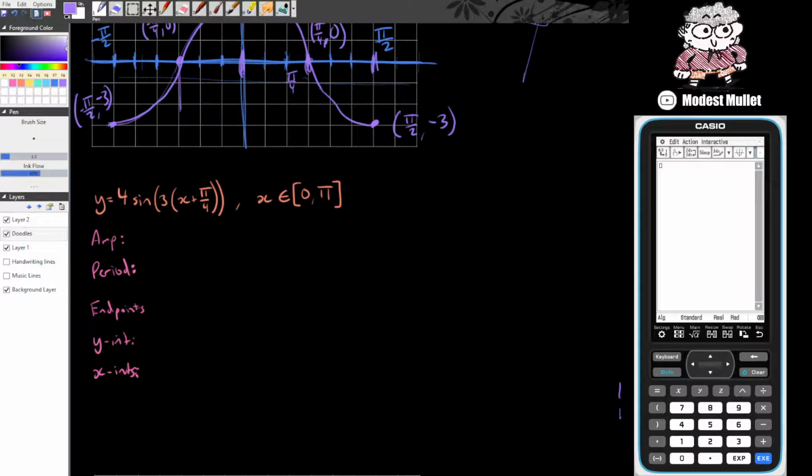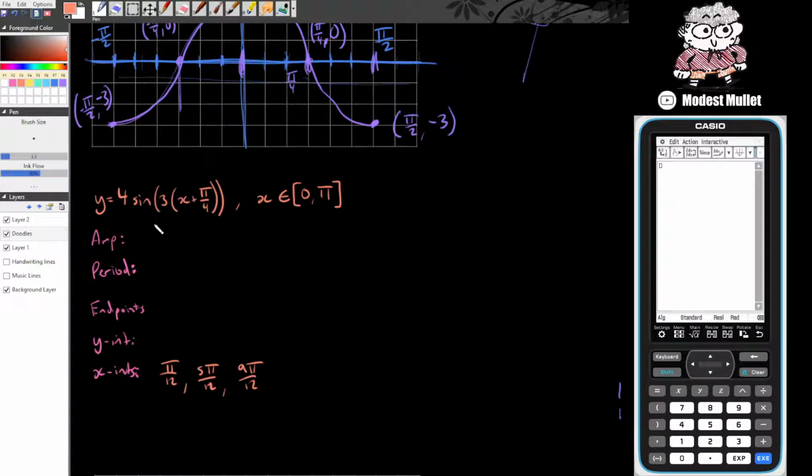Let me go find what those were again. The intercepts we found for this one were pi on 12, 5 pi on 12, and 9 pi on 12.